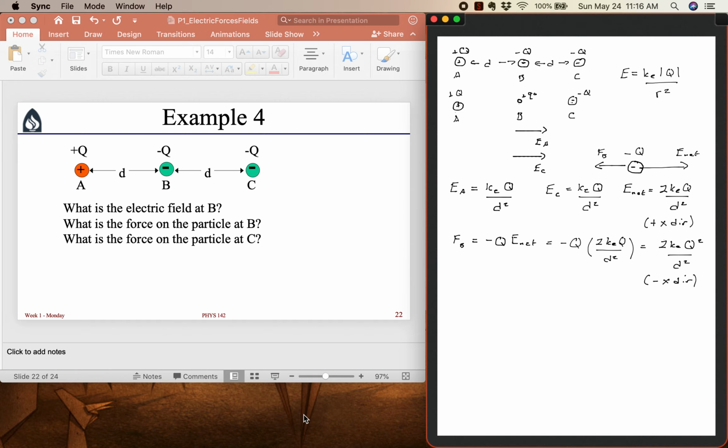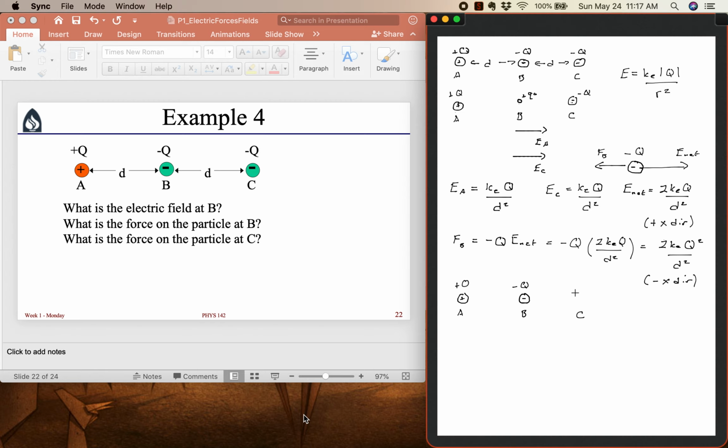Last of all, I want to know, what is the force on particle C? So let's do this whole process again for particle C. To do that, I would write down, here's my A, just reproducing that diagram. It's positive charge A. I leave the charge at B now because it's going to be making an electric field at location C. So there's B. B is a negative Q. And then at location C, I take away the charge there.